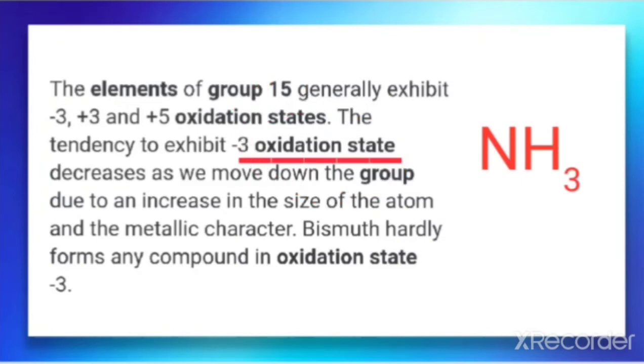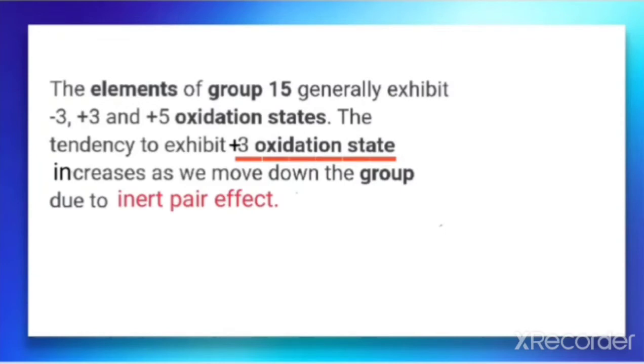Let us discuss the +3 oxidation state. The elements show the +3 oxidation state also. But the tendency to show the +3 oxidation state increases as we move down the group. That is due to the inert pair effect.